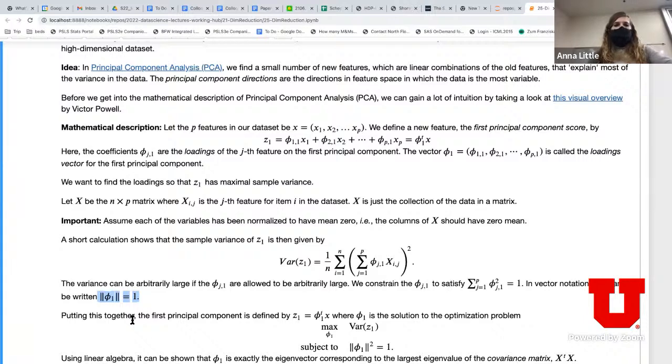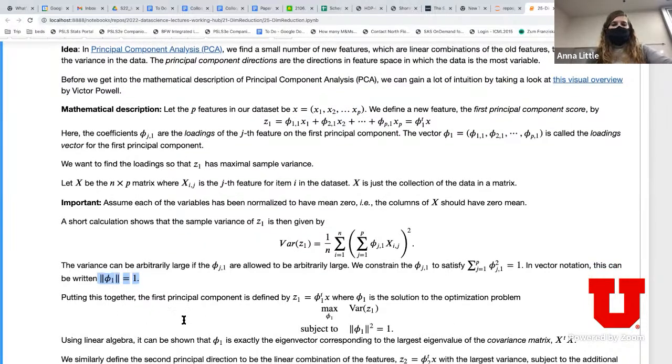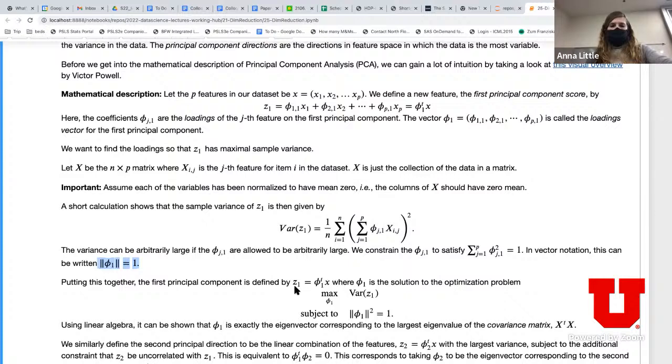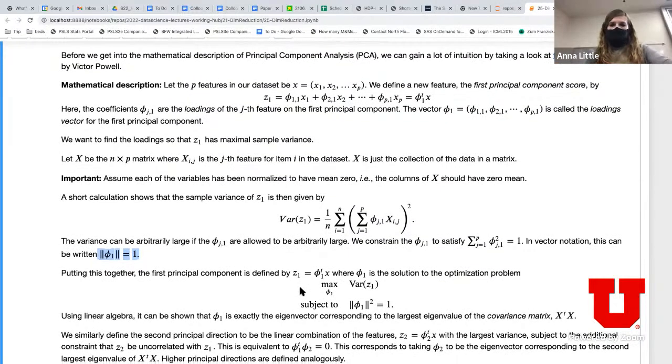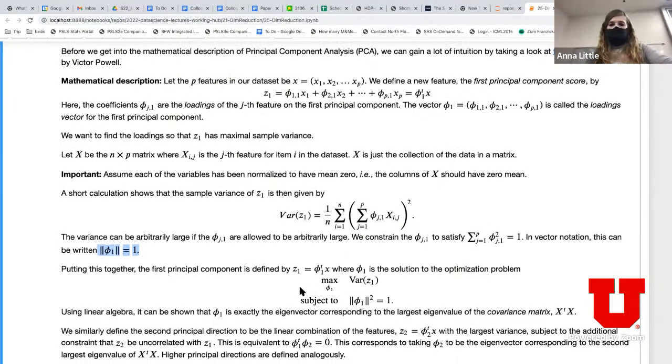Then if we do that, the first principal component can be defined as the following constrained optimization problem. We want to find the maximum over all possible vectors phi. We want to maximize the variance of Z1, which again is the inner product of phi1 and X, subject to the constraint that that vector has norm 1.